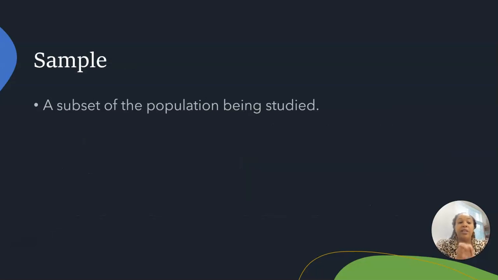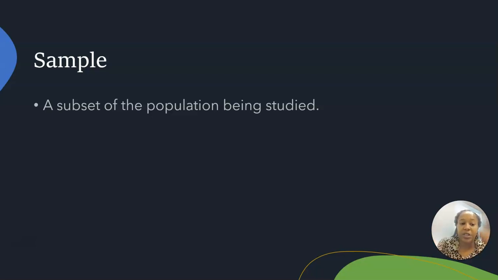Sample. Now this is the issue. Populations can get really large. And when they get really large, sometimes it's impossible to collect data from everyone in the population. So what we do is we collect a subset of the population that we can collect from, and we call that the sample.